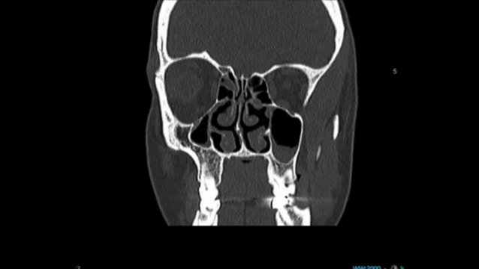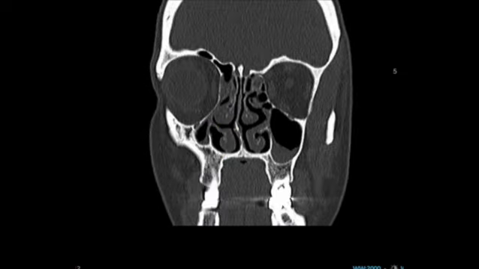Now, why is this classification important, or why is this finding important? So imagine one of the patients like this undergoes a surgery, and you have not noticed this finding. You take your instrument and try to do a middle meatal antrostomy. Take a backbiter and try to remove the uncinate.